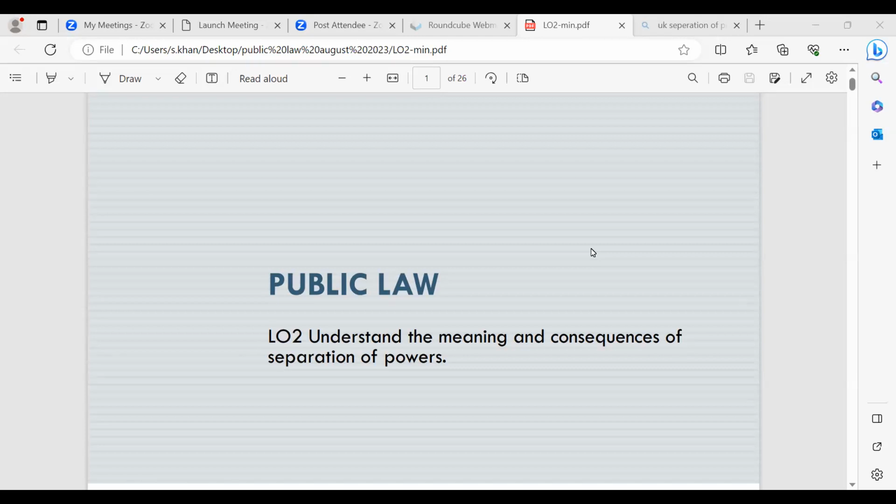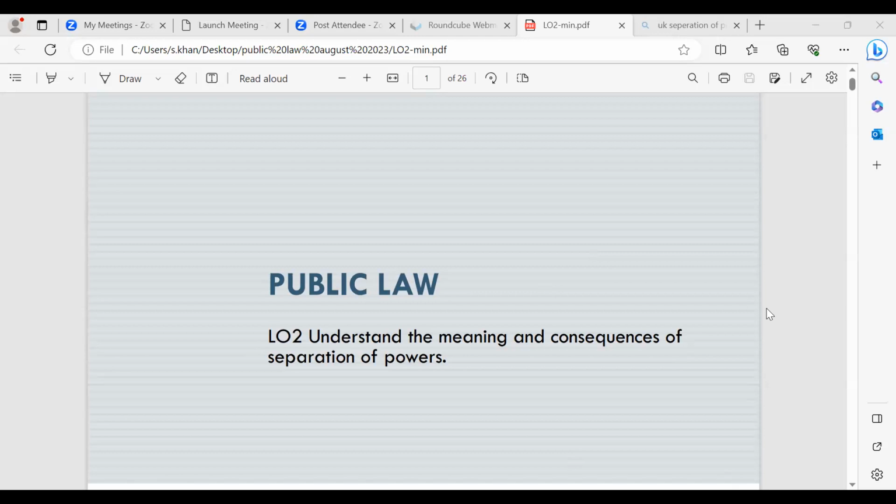We identified the British Constitution, how it evolved over a period of time, reflecting on statutes, conventions, judicial decisions and treaties, etc. So we looked at the sources of the UK Constitution as well.